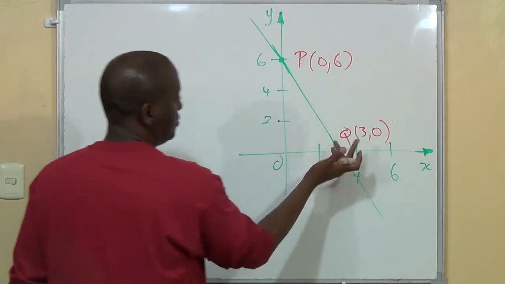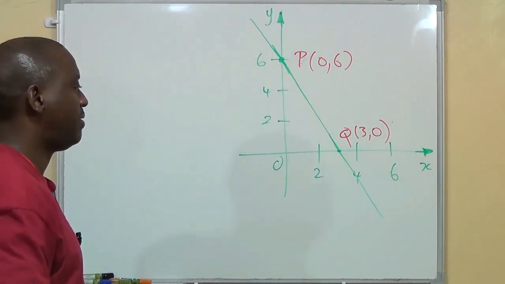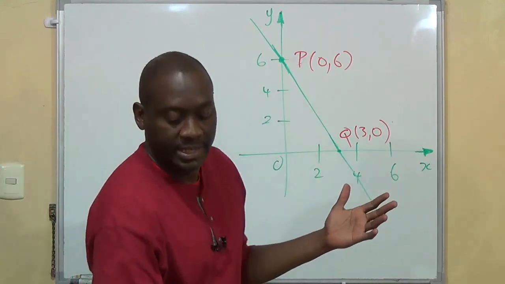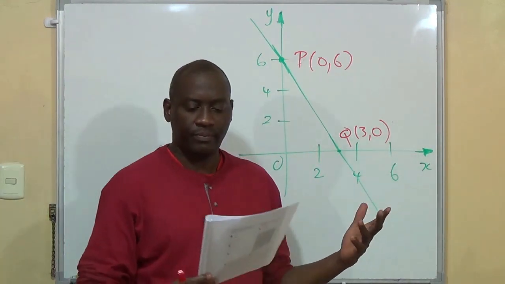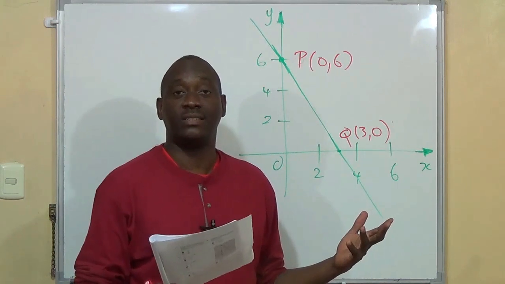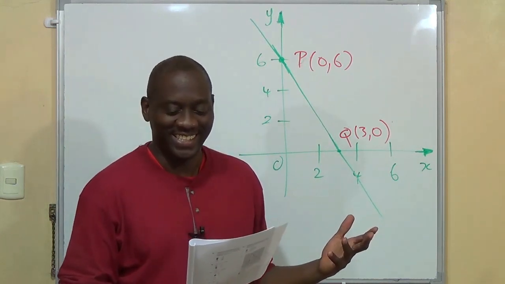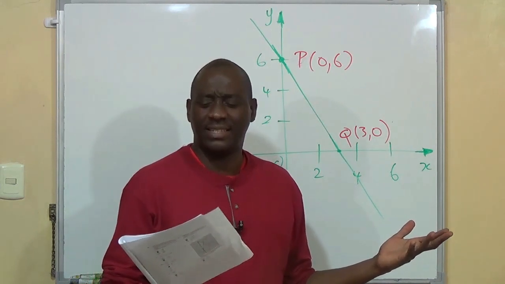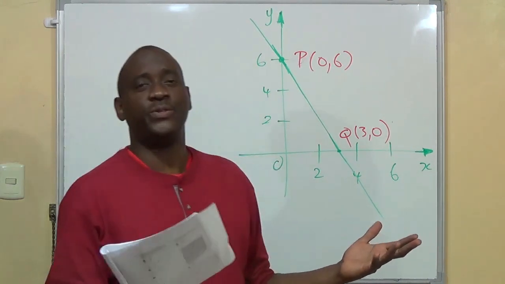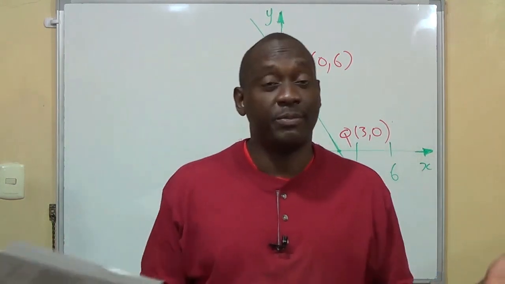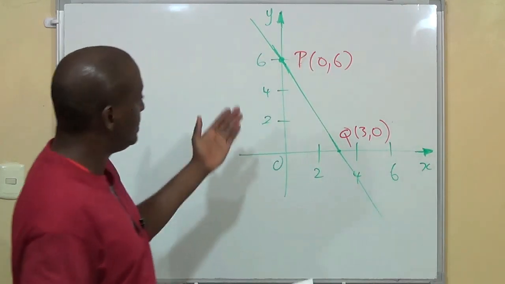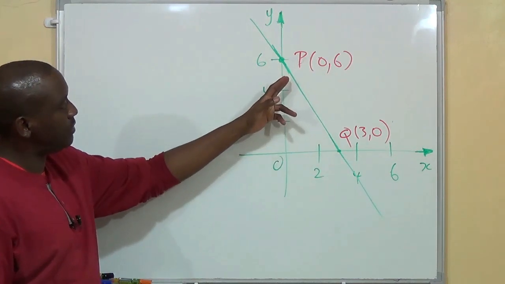Now, how do I know that is 3 and not 3.5 or 2.5? Well, in a case like this, they expect you to use your common sense. The diagram looks very to scale, right? You could see that it cuts the x-axis halfway between 2 and 4, and halfway between 2 and 4 can only be one thing, 3. So this is (3, 0) and this is (0, 6).